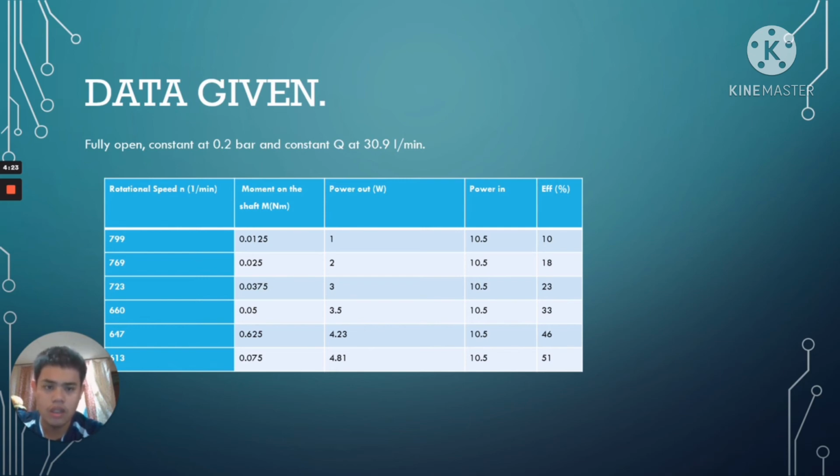We can see that the efficiency will be highest at the lowest rotational speed, and the power out will be the highest at the lowest rotational speed. The moment on the shaft will also be highest at the 647 RPM rotational speed.